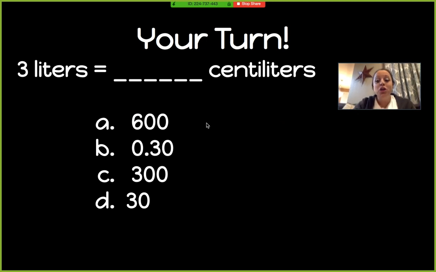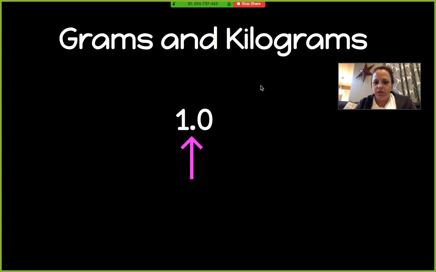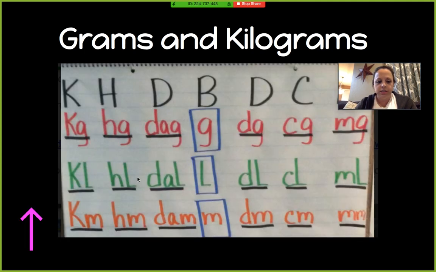Okay, your turn. So these are ones I want you guys to practice. So you could pause this video and solve it, and then I'm going to go over it. So 3 liters is how many centiliters? So if we go all the way back to our chart, now we're looking at volume. Here's our base unit.